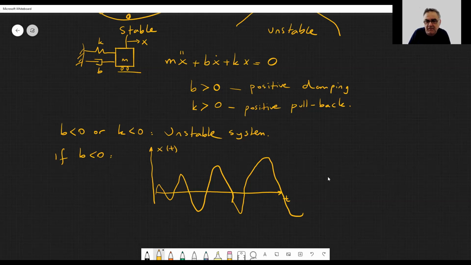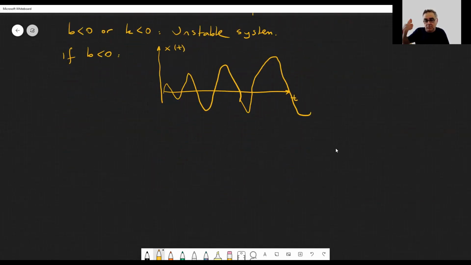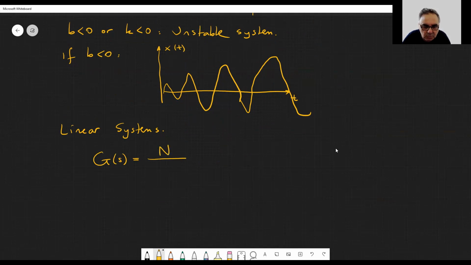And in control systems, we try to keep the systems in the range of stability. If you have a linear system, for example, the transfer function of your system will be the numerator over the denominator. And we have shown that before.